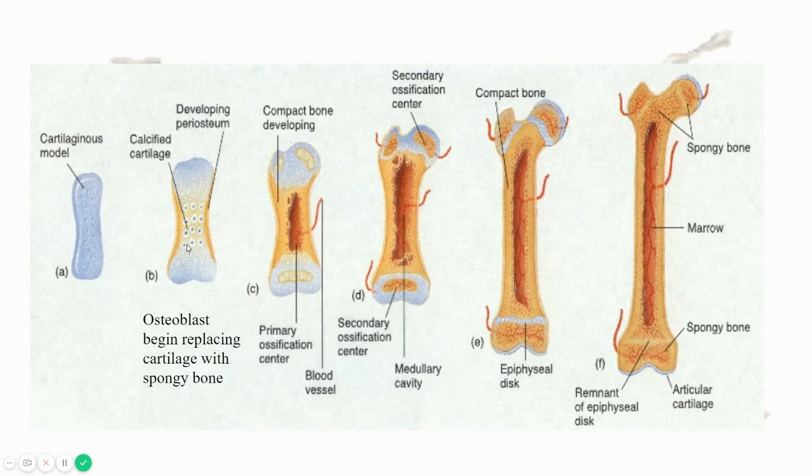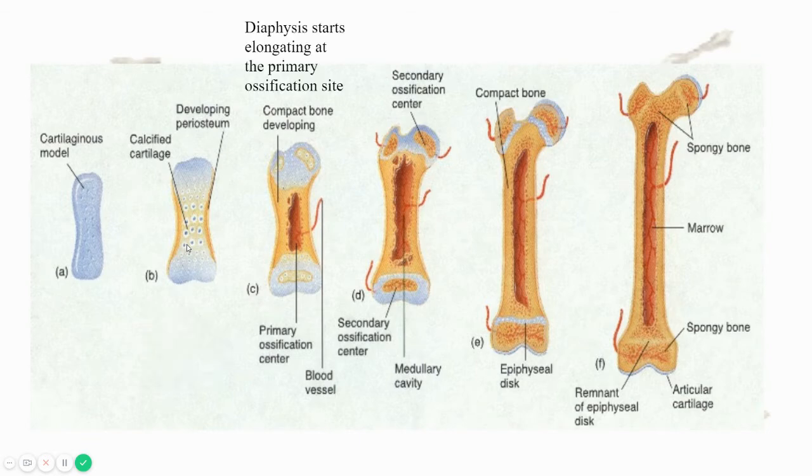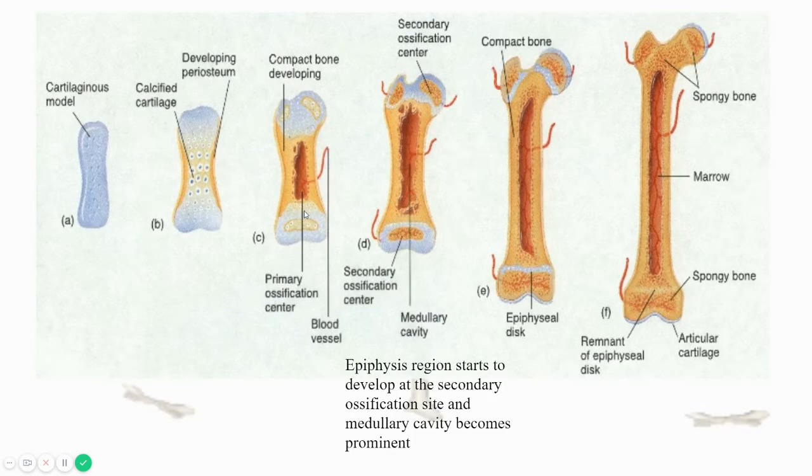As the osteocytes begin replacing that cartilage, that ends up elongating the diaphysis, and that elongation process takes place at the primary ossification site. So that's going to be located at the edges of the medullary cavity.